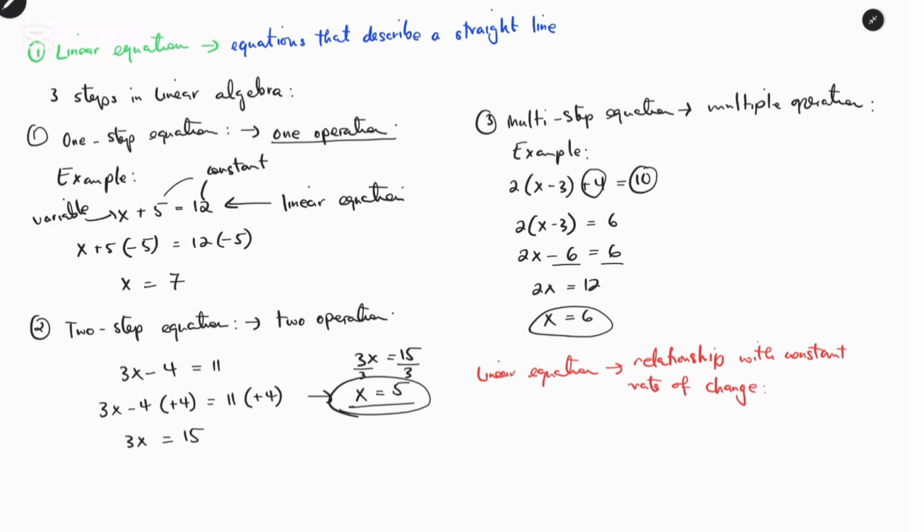So when you are working on a system where the rate of change is constant, then you know that definitely you are going to use a linear equation to analyze this particular system. And this linear equation can be shown graphically.